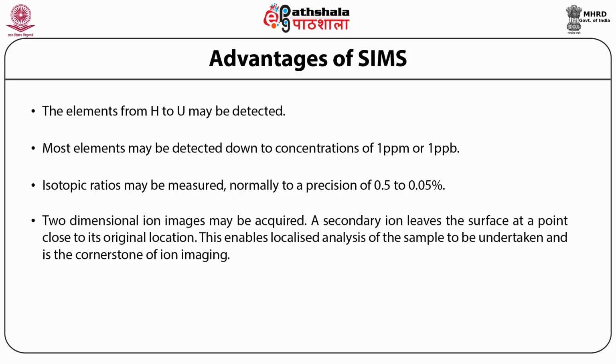A secondary ion leaves the surface at a point close to its original location. This enables localized analysis of the sample to be undertaken and is the cornerstone of ion imaging.